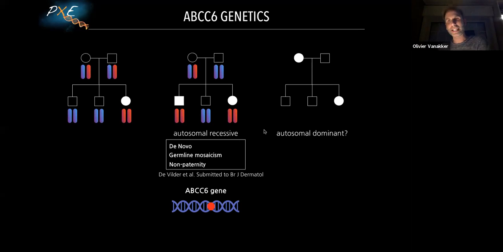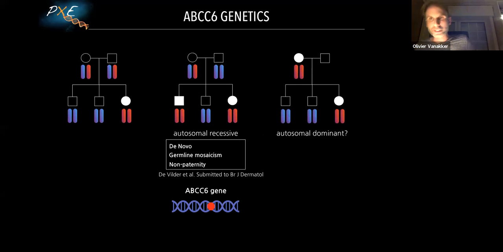For the third category, these apparently autosomal dominant ones, where you have PXE in subsequent generations, it was found that this is not really true. If you looked at these patients, the mother and the daughter in this case, they both had two genetic defects, but actually the mother married an individual who had a single genetic defect, a heterozygous carrier who was healthy, obviously, who does not have PXE, because he had another normal copy.